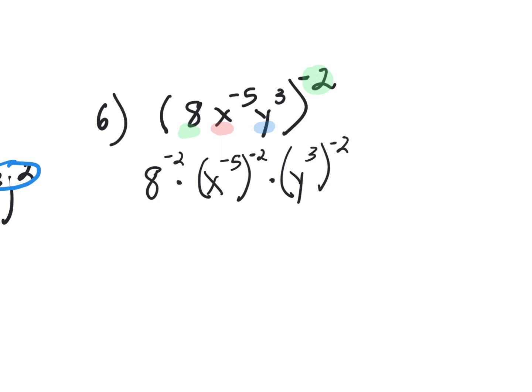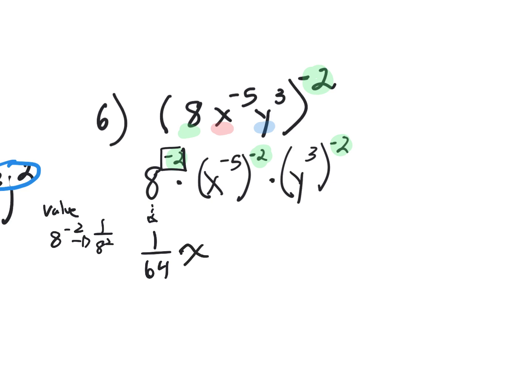A lot of times it's helpful if you write things down and write some steps out. And then remember, we cannot evaluate a negative exponent. So when you have a power that is negative, you can't find the value of that. So we have to first rewrite 8 to the negative 2nd power as 1 over 8 squared. And then we can work it out and say that's 1/64. And then we have x.